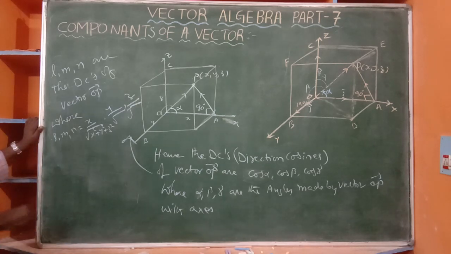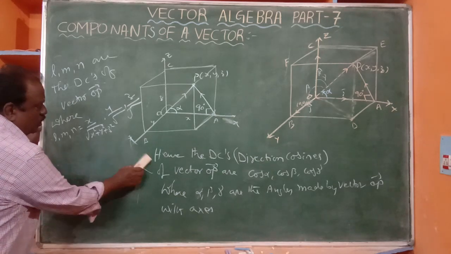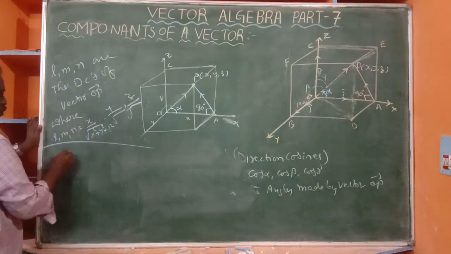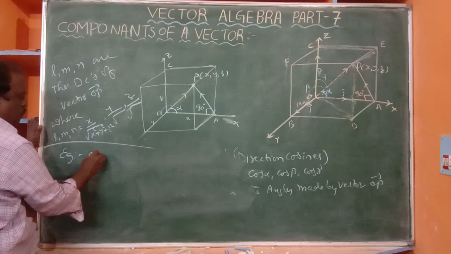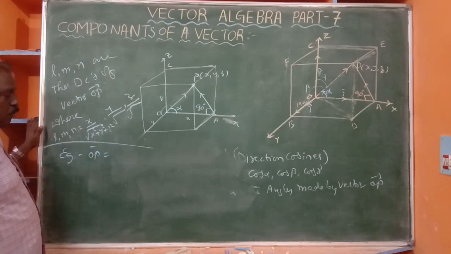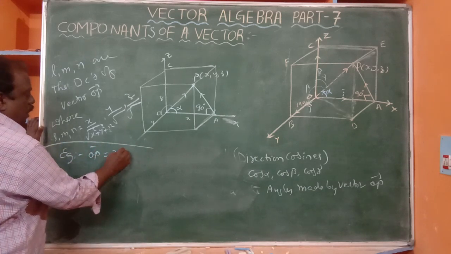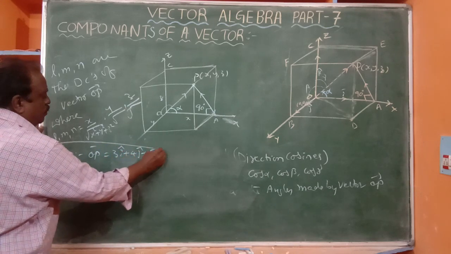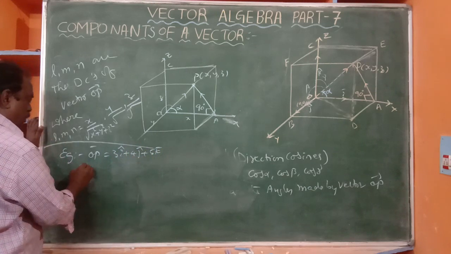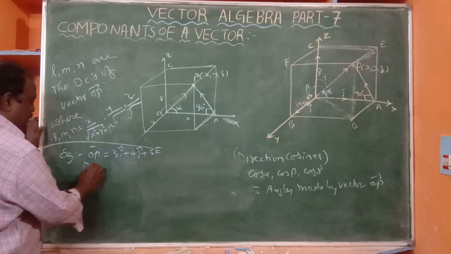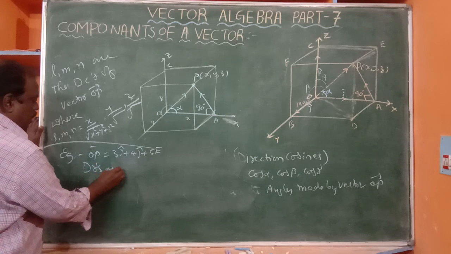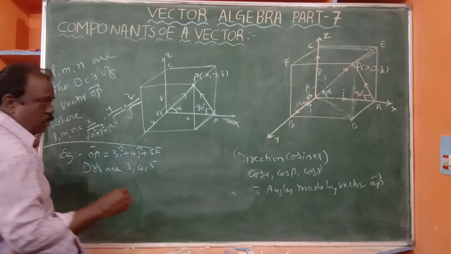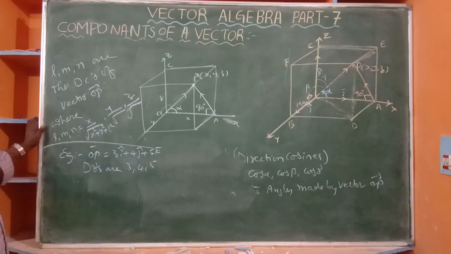Now, once again I want to tell clearly. Suppose, as an example, OP bar is equal to 3i plus 4j plus 5k. Then we know that the DRs, direction ratios, are 3, 4, 5, or simply we may call them components.